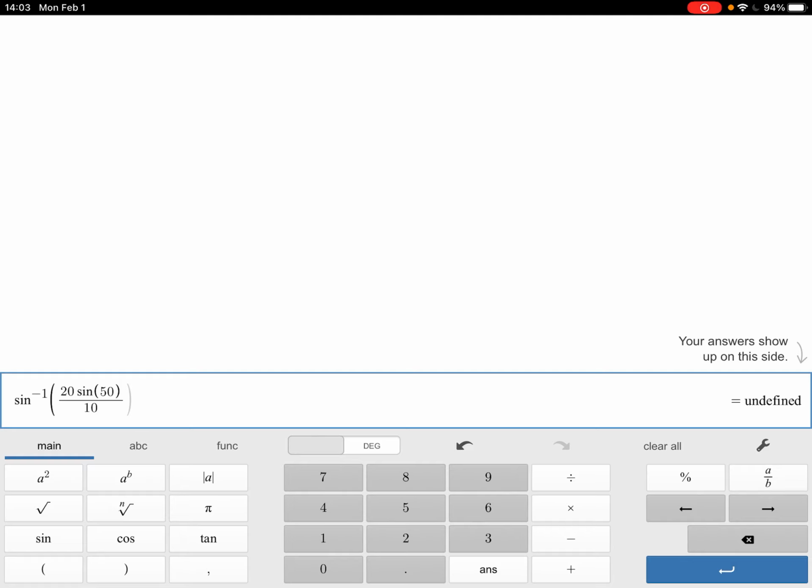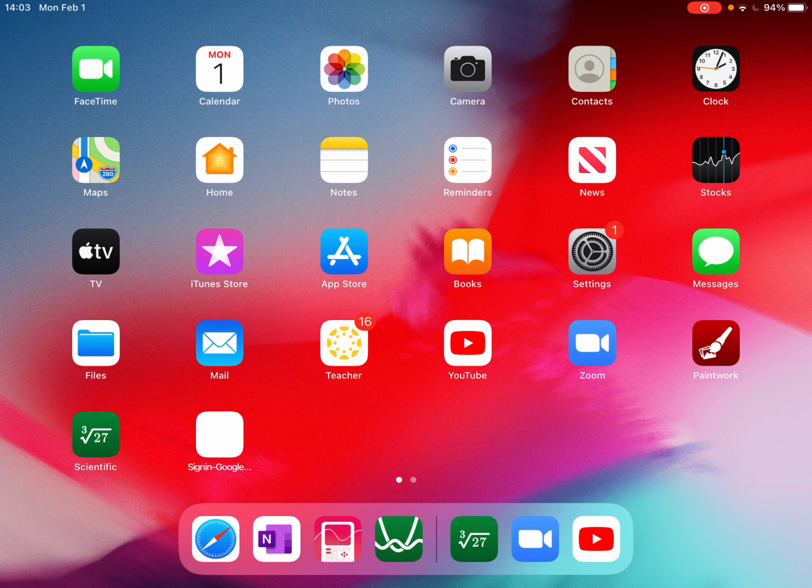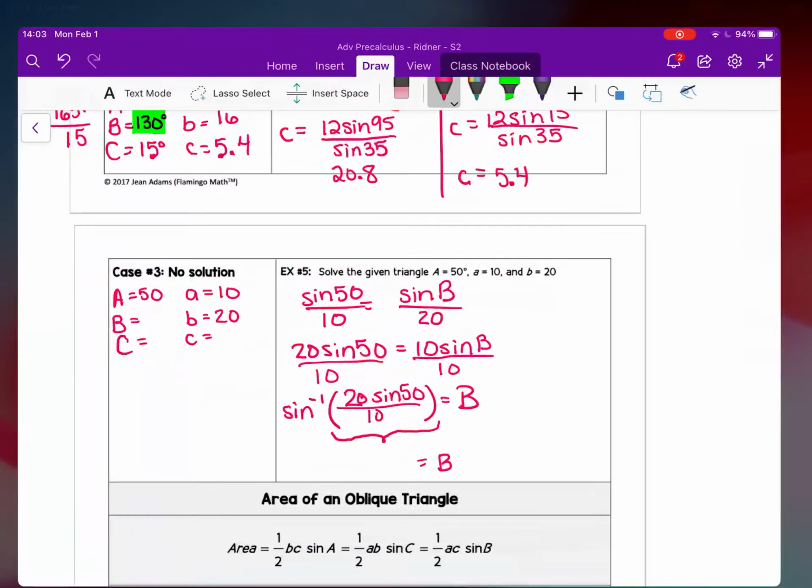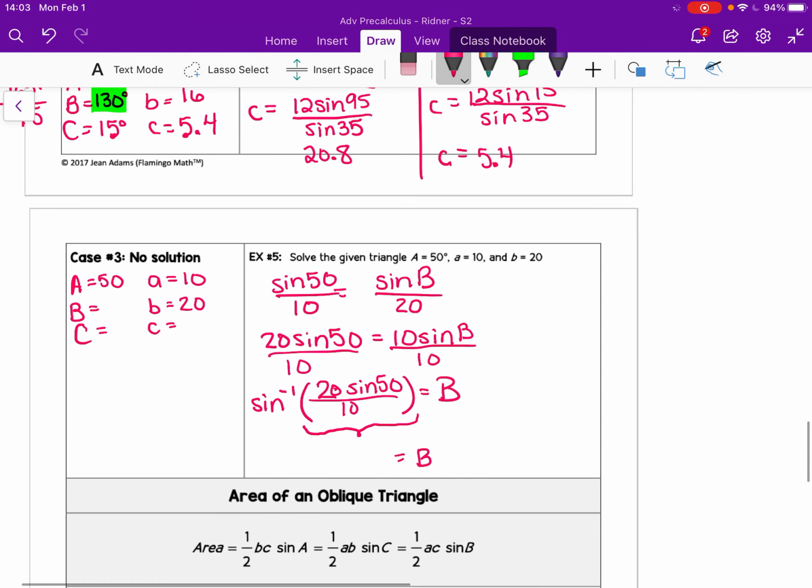You'll get undefined in the calculator. So if you get undefined in the calculator, that's really all you need to know. That means that it cannot happen. So it is not a possible triangle.